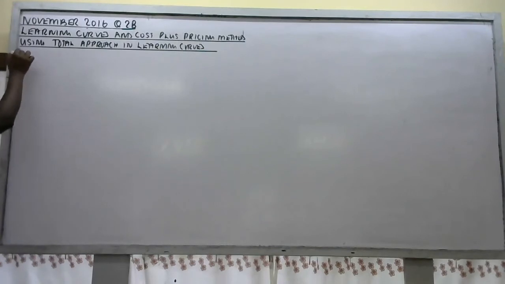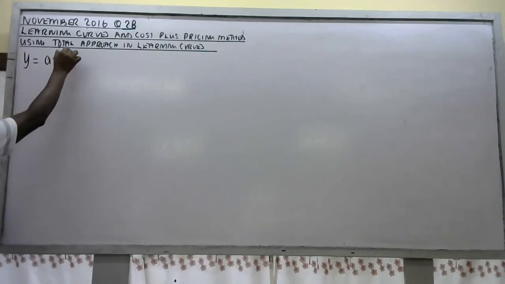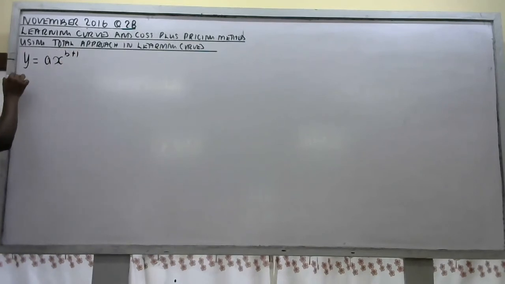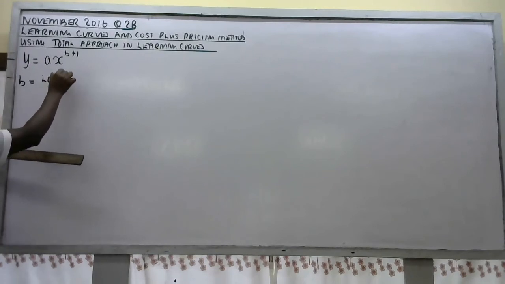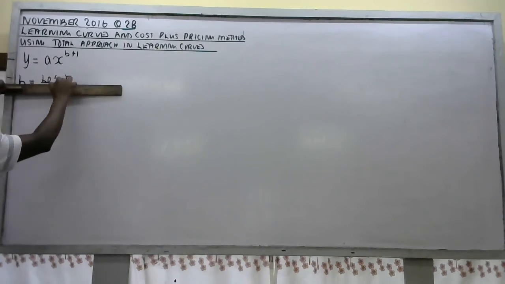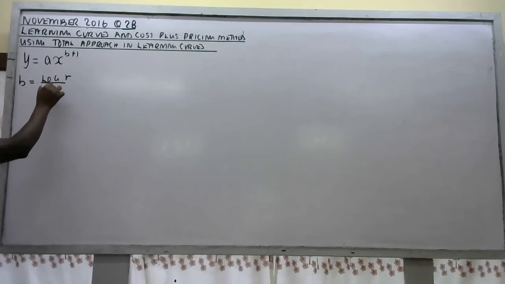the formula is y equals ax^(b+1). Now b, we know, is given as the log of r divided by the log of 2.